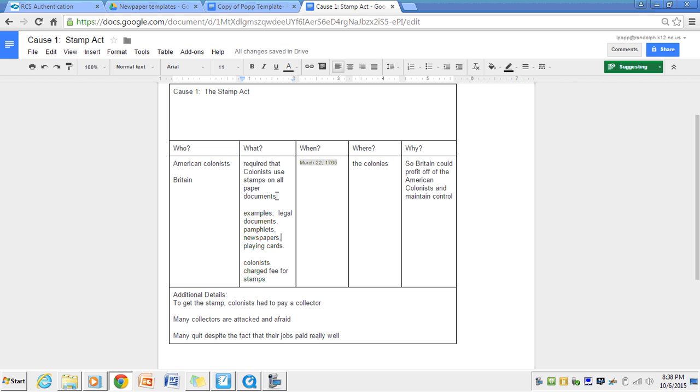This act requires that we colonists, because I am one of them, I'm pretending, purchase, I'm not going to say use these stamps, but purchase a stamp for all paper documents, from legal documents all the way to playing cards.